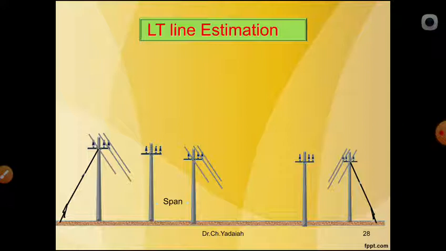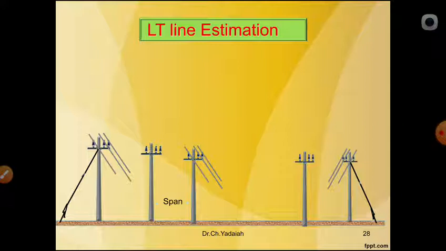Now remember that at the starting and ending you should compulsorily provide stay wires for mechanical support, and every fifth pole should be earthed. Every fifth pole should also be stayed. In between we require the cut point also. A cut point has jumpers, so that if required, the supply circuit can be opened manually.